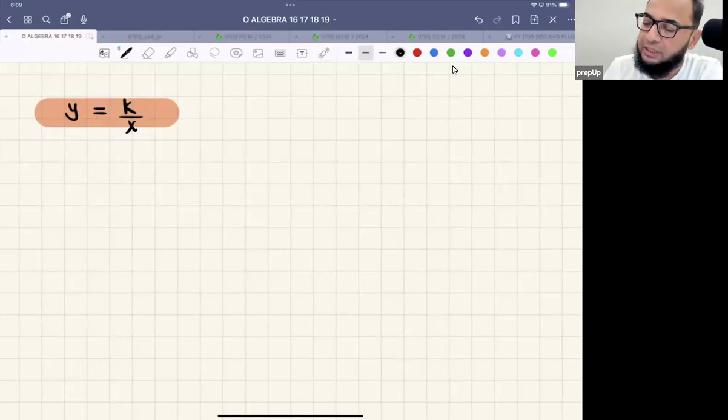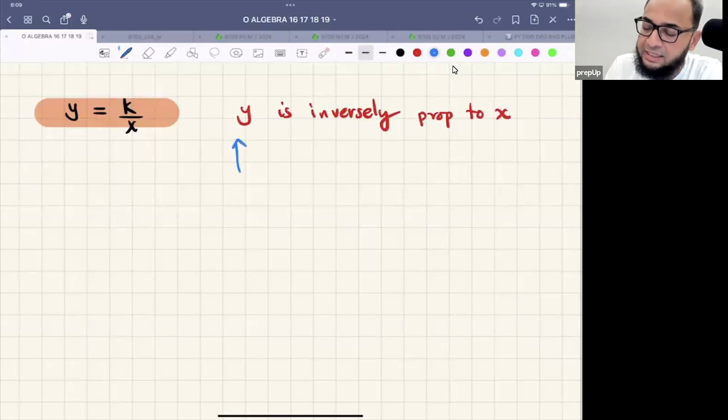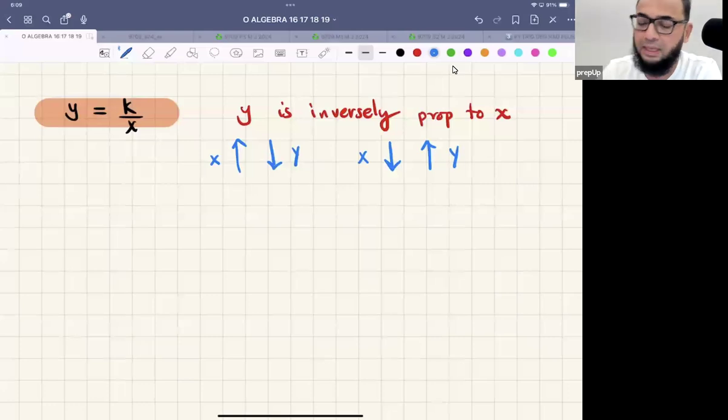When we talk about this, it basically means y is inversely proportional to x. That means if x increases, y decreases, or if x decreases, y increases. That's the meaning of inverse proportionality.